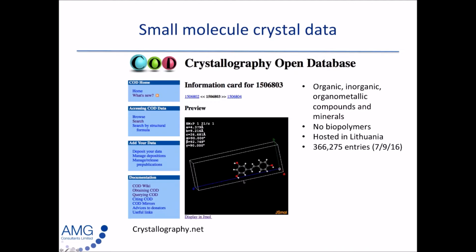It's called the Crystallographic Open Database, and it contains not only models of organic compounds, but also everything up to minerals. Its one exclusion is the biopolymers, which are covered by the PDB, and there are some 366,000 records there. Only a quarter of these are organic compounds, and you can't get the same type of view that you get from the CCDC. It shows you the size of the unit cell, and a picture of the molecule, but it doesn't give you information about the crystal packing.